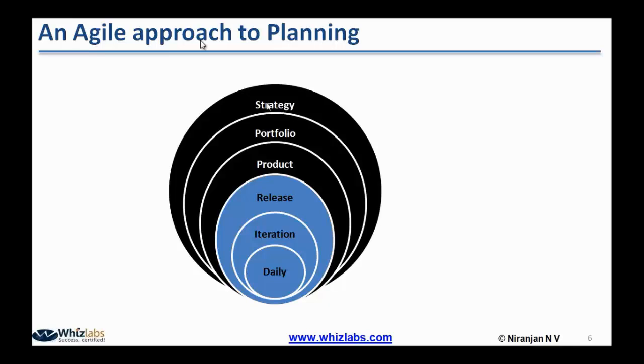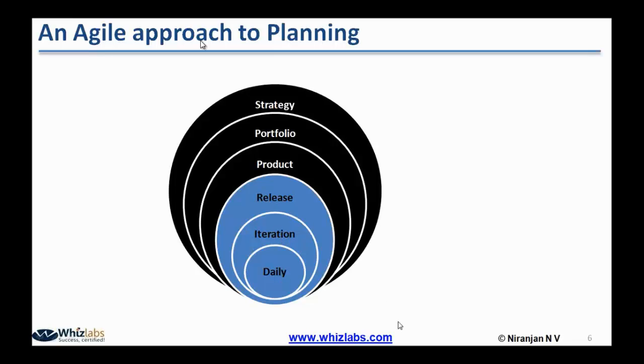If you look at the topmost, outer layer, it starts with the product strategy. Once the product strategy is clearly laid down, it leads to multiple portfolios. Every portfolio will have certain products, every product will have certain releases, every release will have multiple iterations or sprints, and every iteration will have daily tasks.